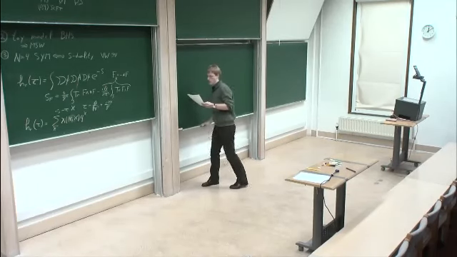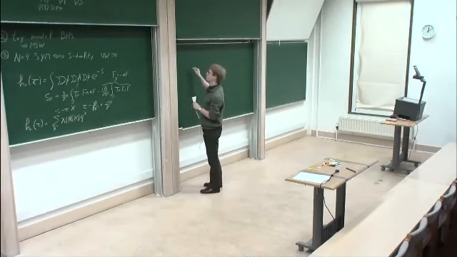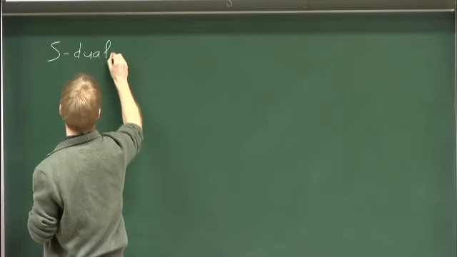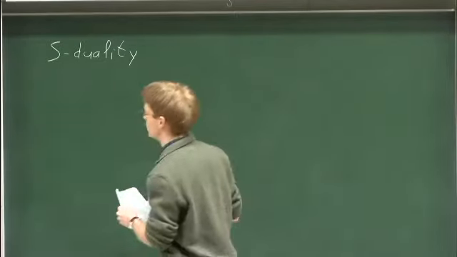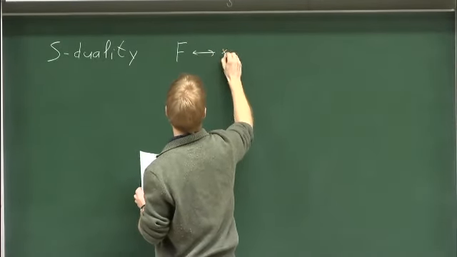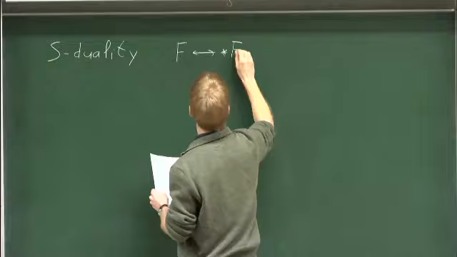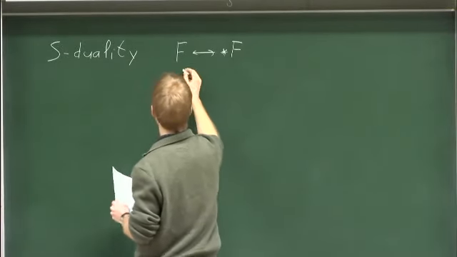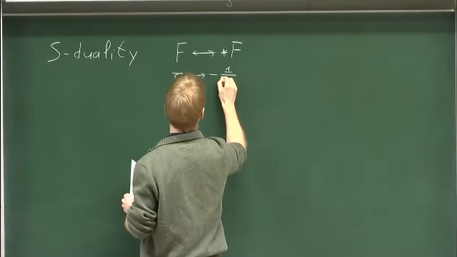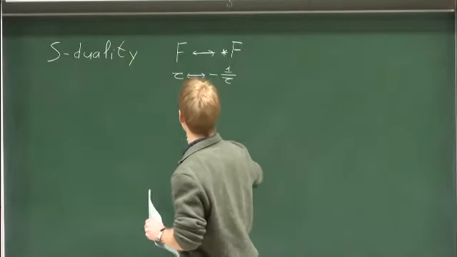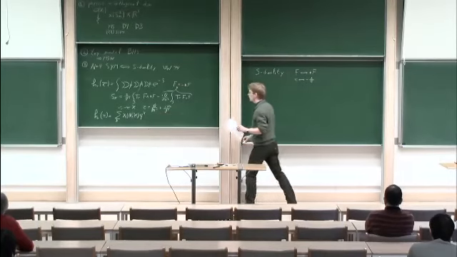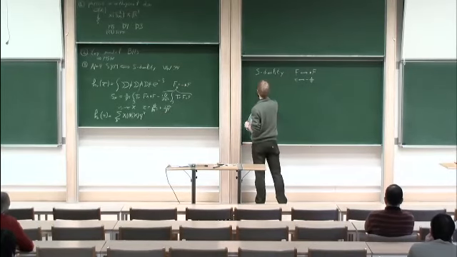Okay. Now the S duality, which goes back to the 70s, is essentially a replacement of F with star F and tau with minus 1 divided by tau, and this implies modular properties for these generating functions of the Euler number.